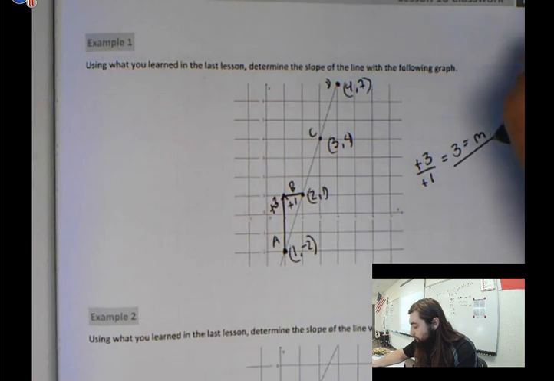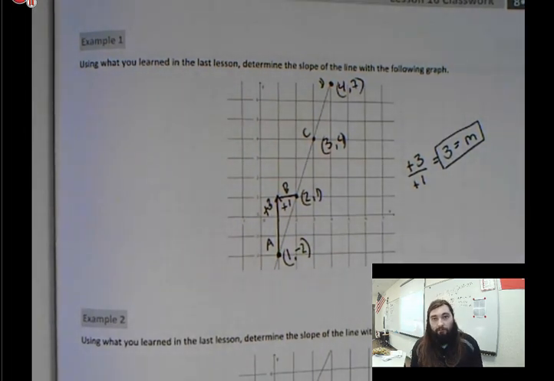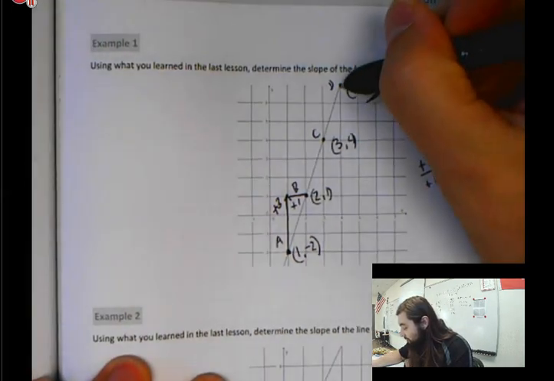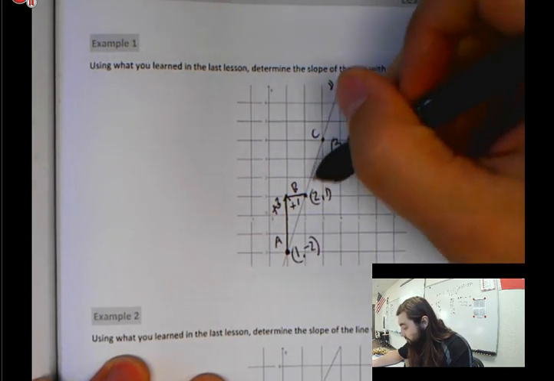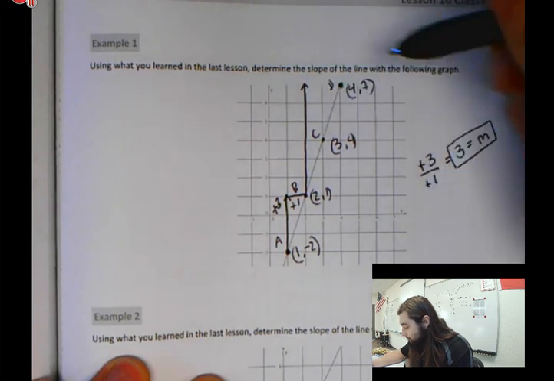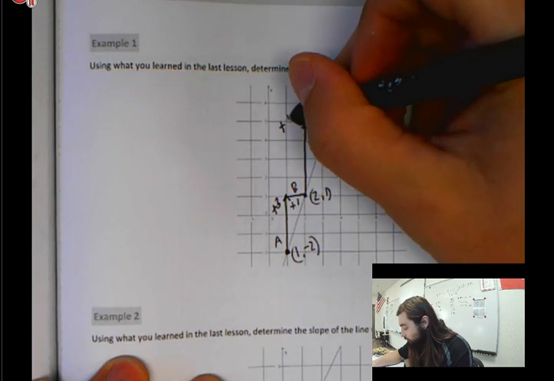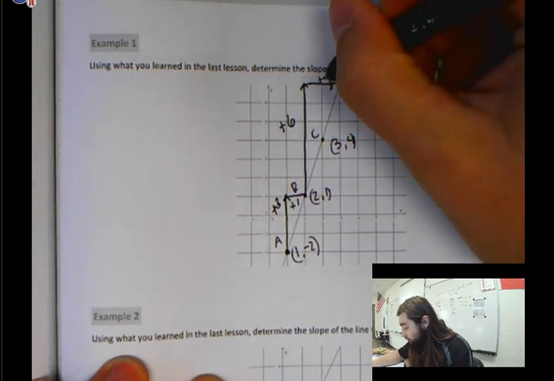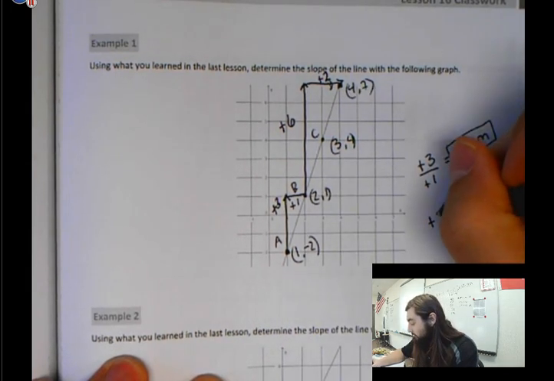Okay? Now, we can also check this. As I said before, we could pick any other point. In fact, let's go from B to D. Let's go all the way up here from B to D. Okay, so to get there, I have to go up 1, 2, 3, 4, 5, 6, plus 6, and then I have to go to the right 2. Okay, so my change vertically is going up 6.